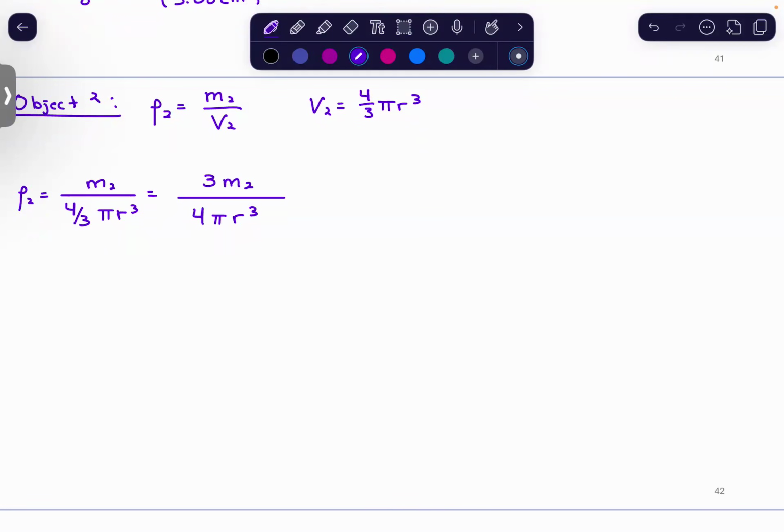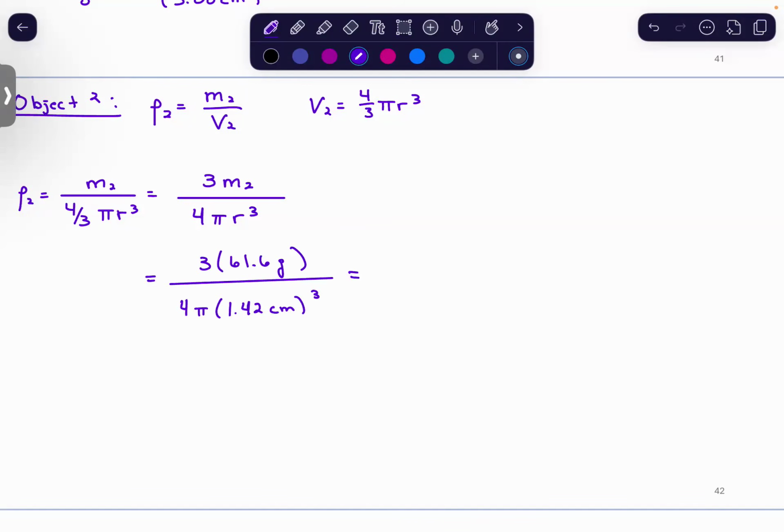Okay, so then I can say, oh, so 3 times your mass, 61.6 grams, over 4 pi, and your radius is 1.42 centimeters cubed.